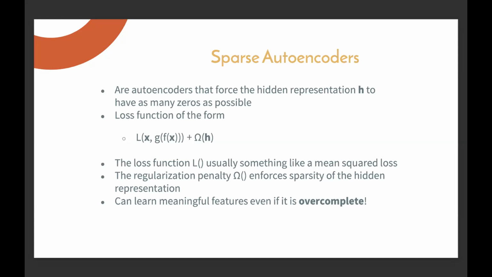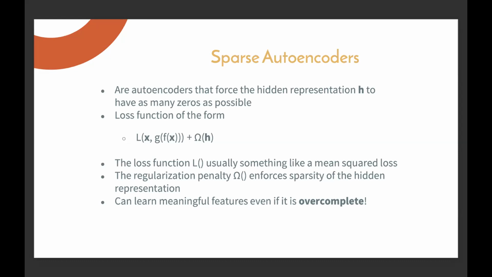This is a regularization penalty that enforces the sparsity of the hidden representation. For example, we can add a one norm here to restrain the hidden h to be sparse.